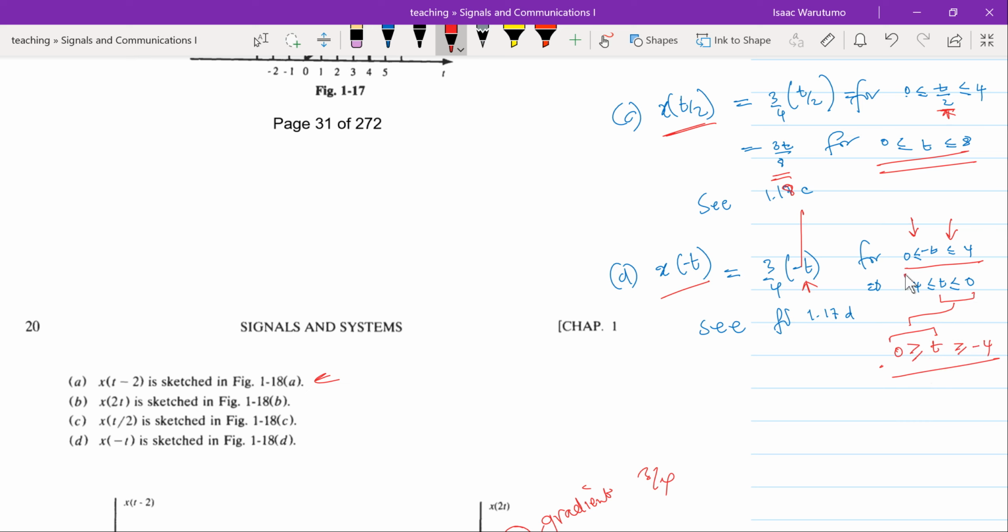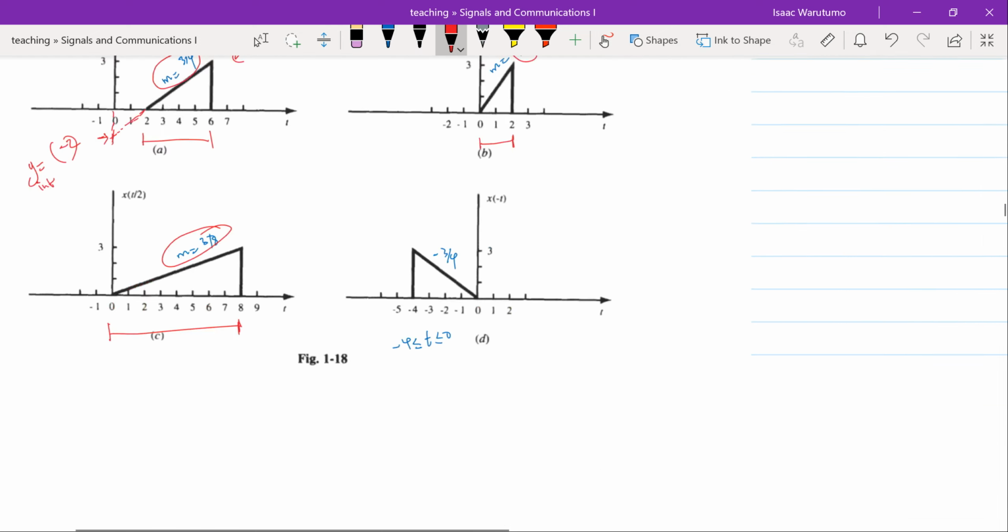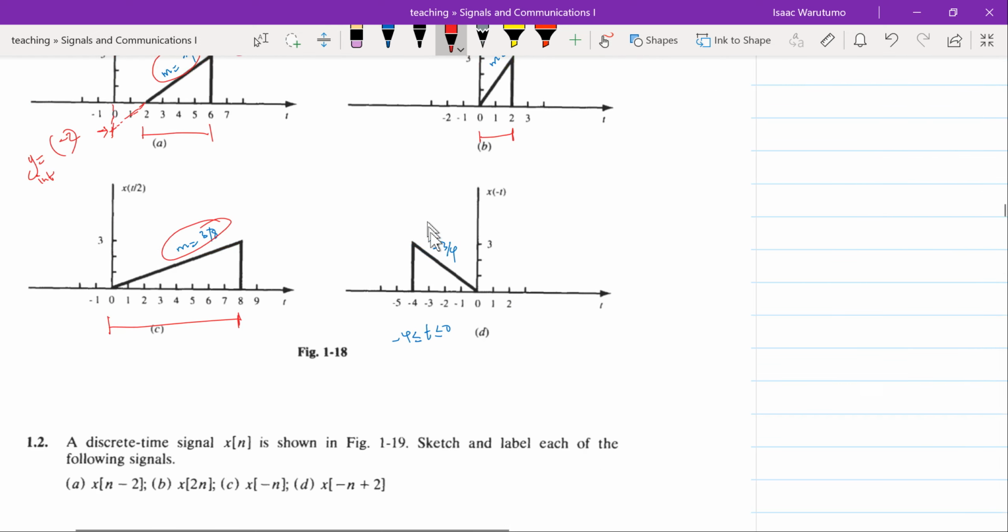If you consider this one also, you can see that t is greater than -4. All I've done is rearrange, because the best way is to express it in this form, and therefore it comes to agree with our definition. We are saying that our range is now varying between -4 and 0, and our new gradient becomes -3/4. So our new gradient is now on the negative side, and our range again varies from -4 to 0.